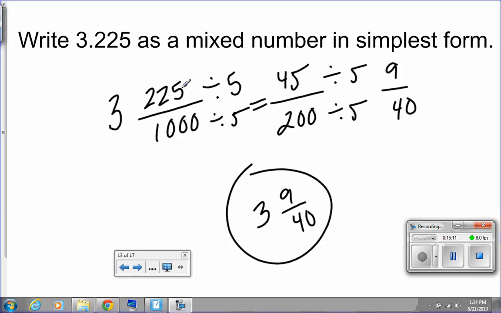Then using your calculator, you could divide 225 by 5 to get 45, and divide 1,000 by 5 to get 200. 45 and 200 are not simplified, so we can divide by 5 again to get 9 over 40. So it's 3 and 9/40.